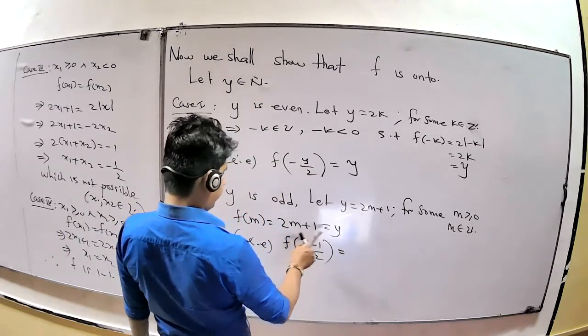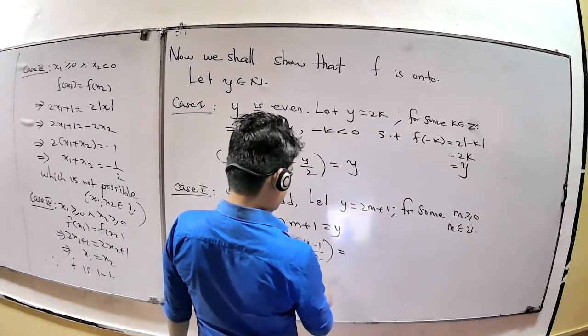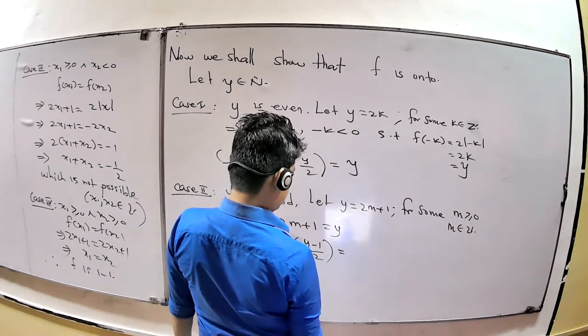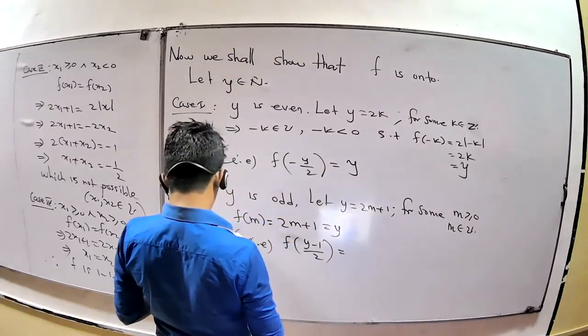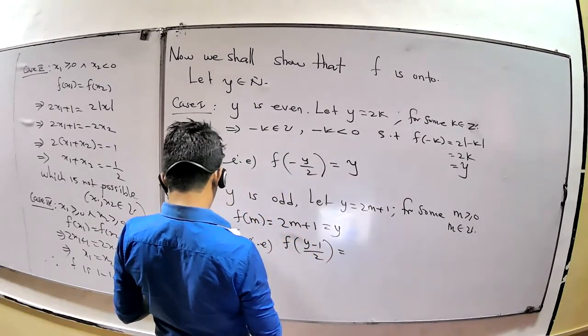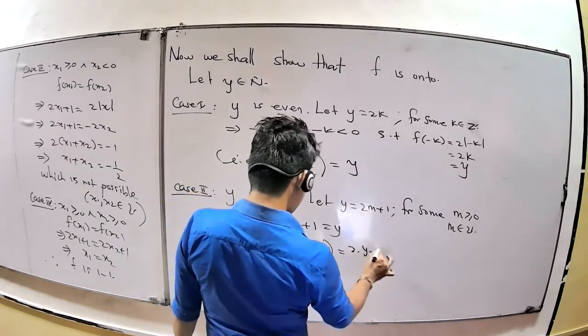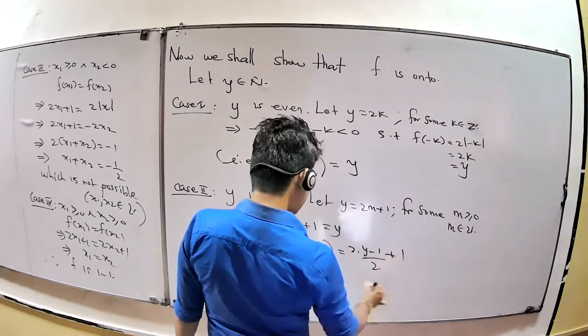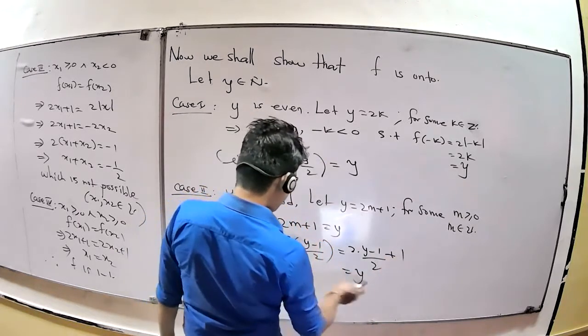Here, y minus 1 by 2 equals m, no? Y minus 1 by 2, okay, right? 2 times y minus 1 by 2 plus 1. What is the value you get? Y. Therefore, f of y minus 1 by 2 equals y.